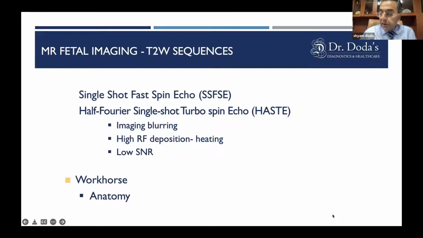And before we go on to the MR pictures of the fetus, one of the basic things for all of you, especially from the obstetrics side, to understand is that there are two sets of basic images in MR, and they are basically T1 and T2 weighted images.